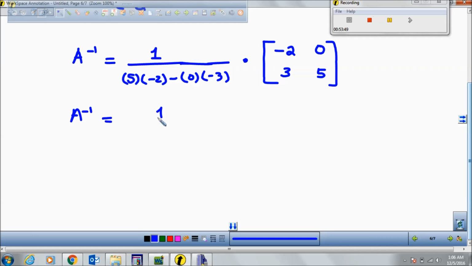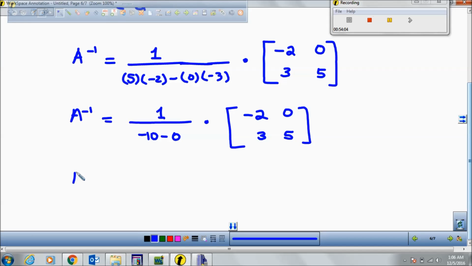So this is going to be 1 over 5 times negative 2, it's a negative 10, minus 0 times negative 3, which is 0. A inverse is 1 over negative 10 minus 0, negative 10. So basically your entire fraction is negative 1 over 10, because a positive over a negative is going to give you a negative.